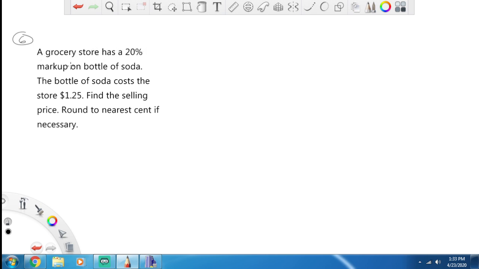A grocery store has a 20% markup on a bottle of soda. So we have a 20% markup rate. And this is your rate that's getting marked up. Right? For every dollar, it gets marked up 20 cents, so to speak, because all money's out of 100, cents are out of 100. The bottle of soda costs the store, okay, so the store pays $1.25 for it.